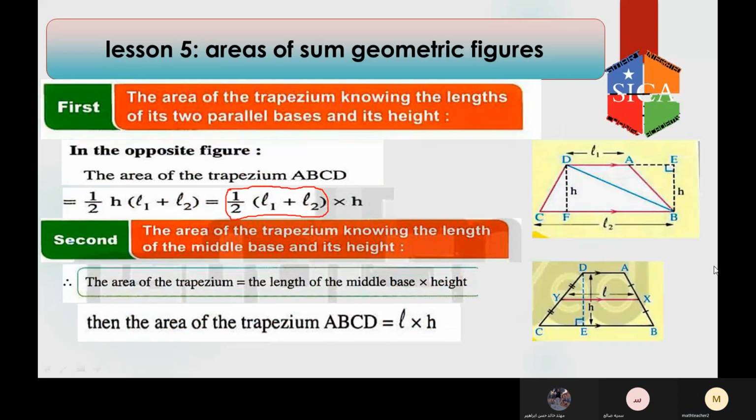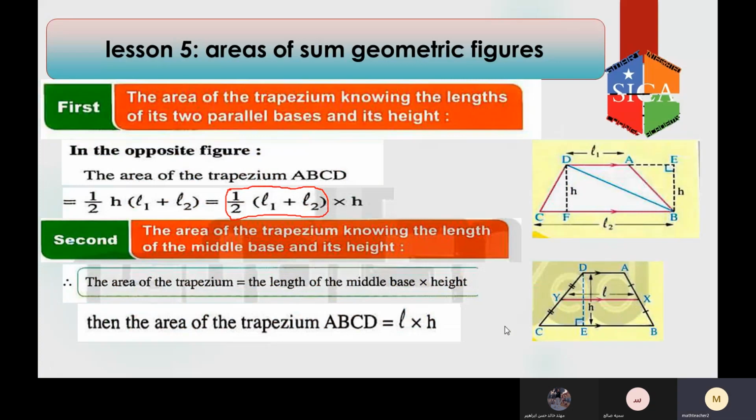The area of the trapezium ABCD equals the length of XY times the height, which is DE, or L times H, the middle base times height.